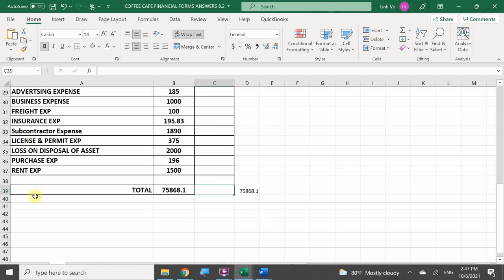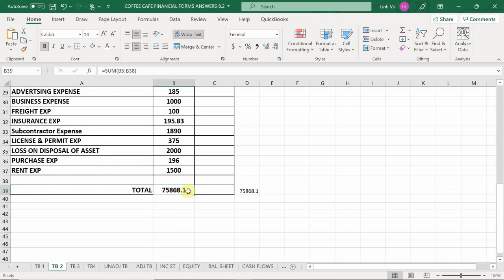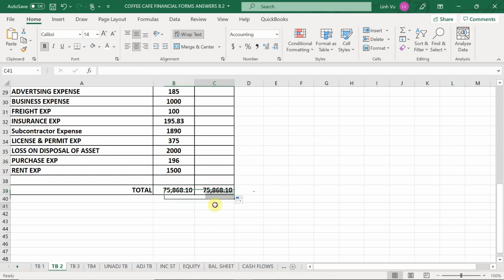So I have $75,868.10. And the cool thing about QuickBooks here is it allows you to copy a formula in another cell. So I can go ahead and click here and equal sum this entire row right here, and I get $75,868.10, which gives me 0.